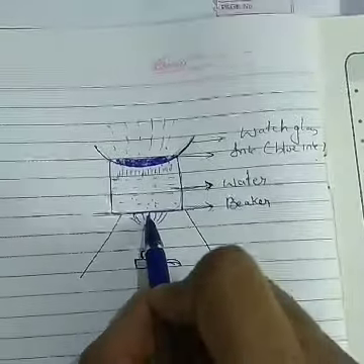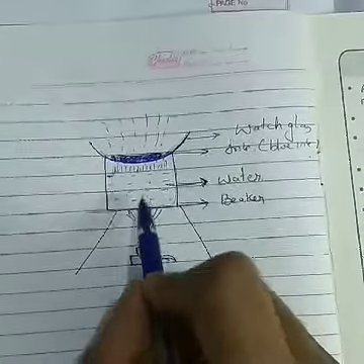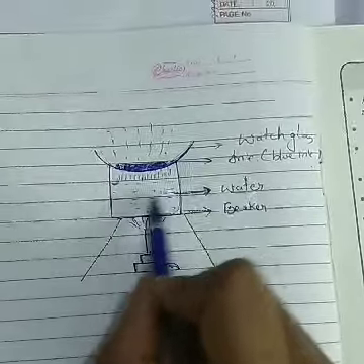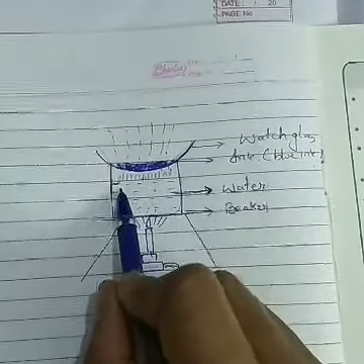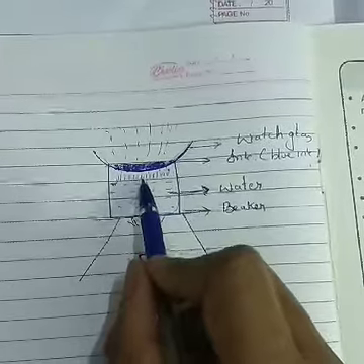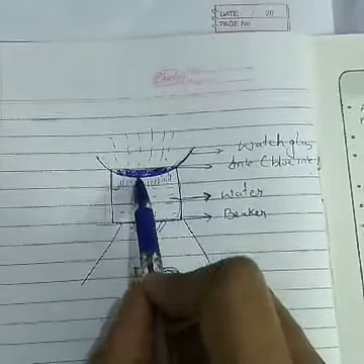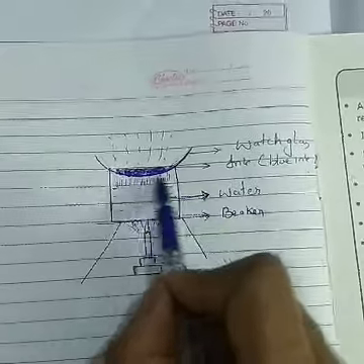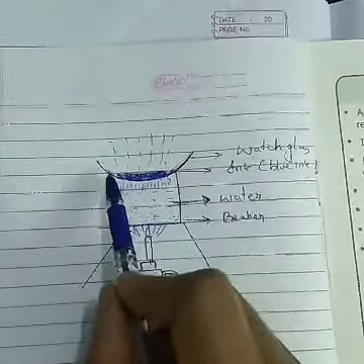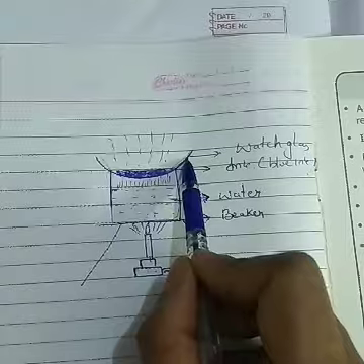Now start heating the beaker. What will happen when you heat the beaker? The water present in the beaker will get heated and the water changes into water vapor. As it changes into water vapor, it rises up and touches the bottom of the watch glass. This watch glass gets heated up.